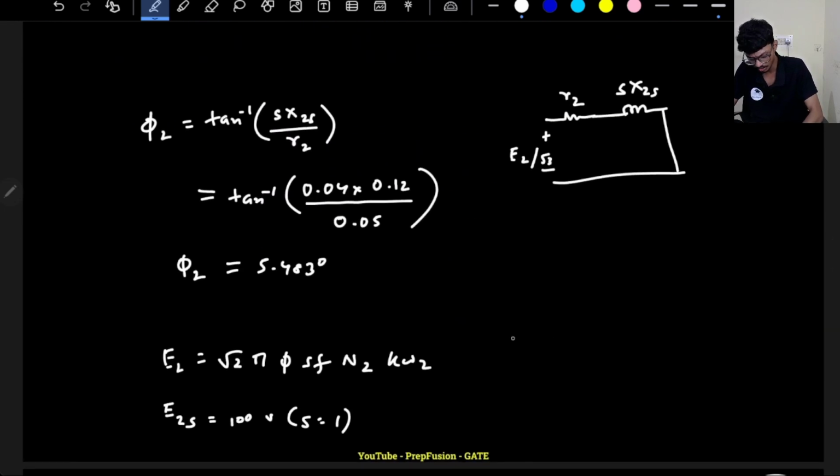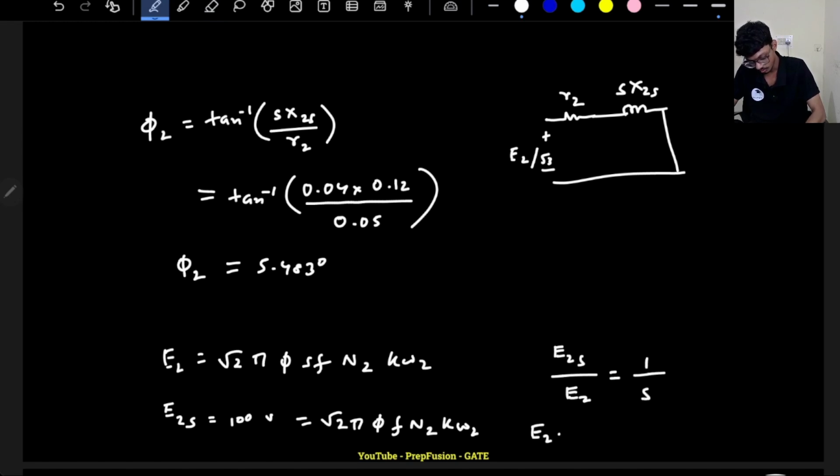So now can I find out the ratio? E2S is equal to root 2 pi phi F N2 Kw2 when S is equal to 1, flux will be the same. E2 divided by E2S, the ratio is simply the slip S. So E2 will be S into E2S, same like reactance.